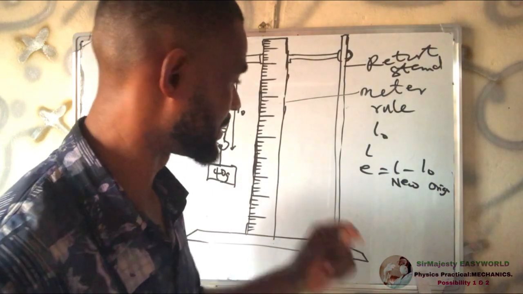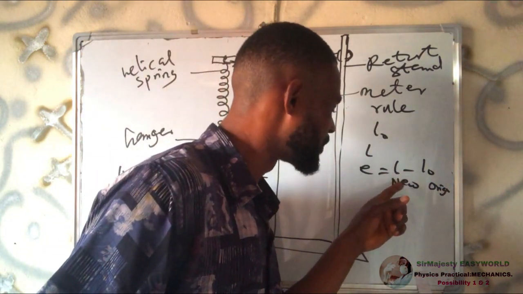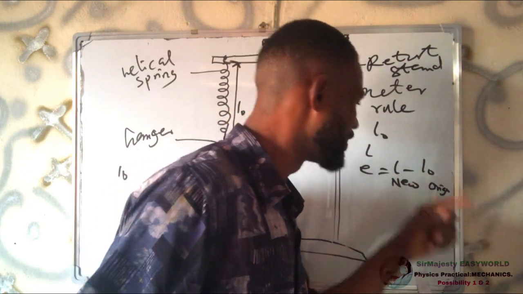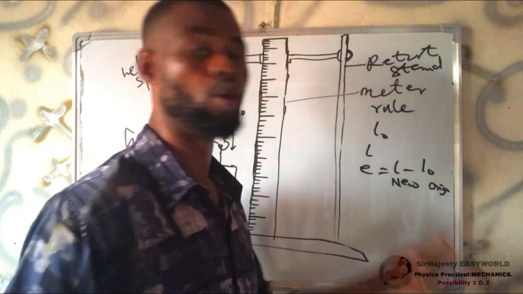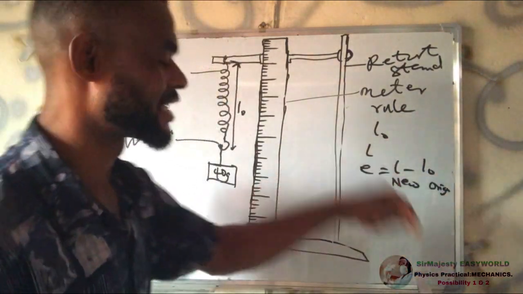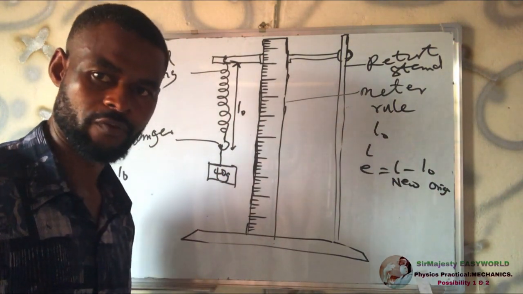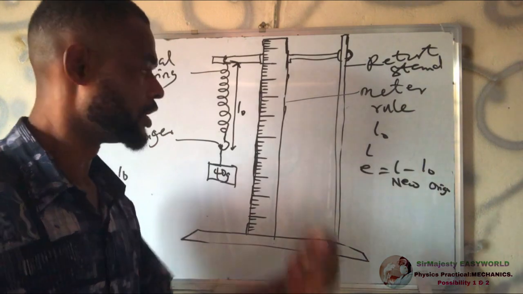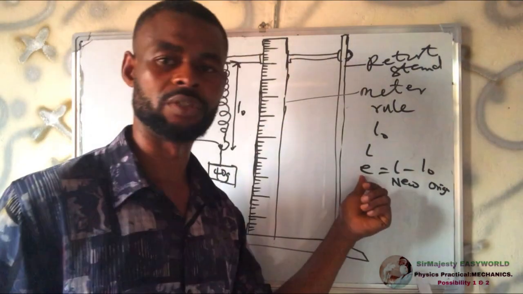Remember that this L will always be greater than L0, because there is an extension when a mass is placed. It will draw the spring down further from its original position. So there must be an increase in length, and that increase in length is what they call extension.